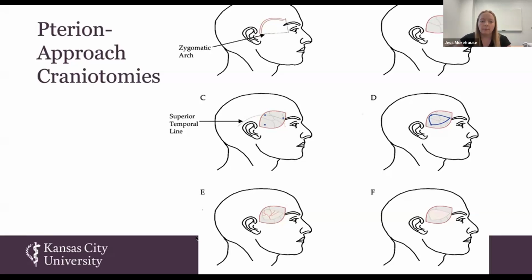Some surgeons want burr holes placed in a circular pattern, as you can see in this figure here. Other surgeons just want the one, and they haven't experienced that they make it all the way around where it needs to be. But the osteotomy is going to then be continued from the initial burr hole along the superior temporal line before curving inferiorly to include the Pterion and then anteriorly to connect back to that initial burr hole, making the bone flap.